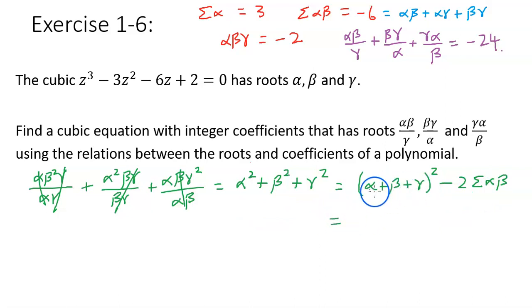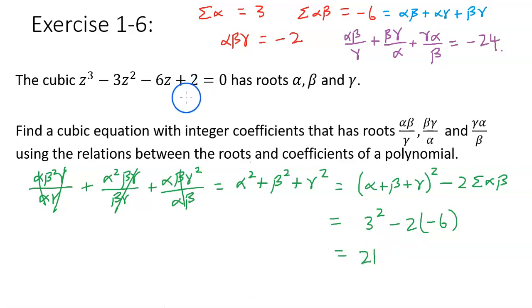The sum of alpha plus beta plus gamma is just equal to 3, so 3 squared minus 2 times the sum of alpha beta, which we figured out is -6. So that would be equal to 9 plus 12, so that would be 21.